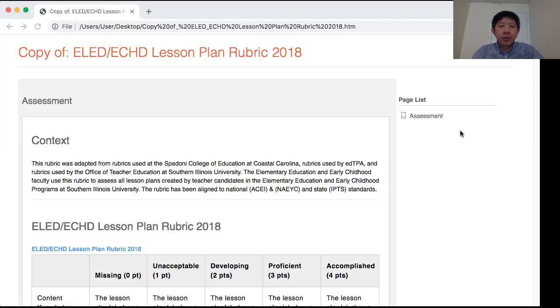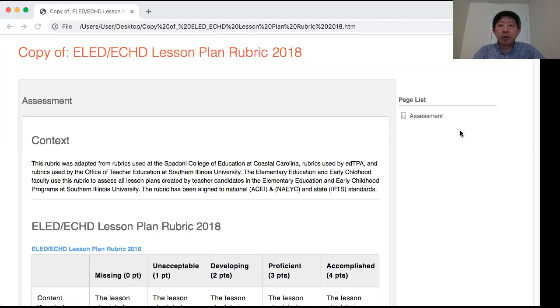And number two, your lesson plan is due on May 10th. I will give you an example of a lesson plan, and the lesson plan rubric will also be posted on D2L.